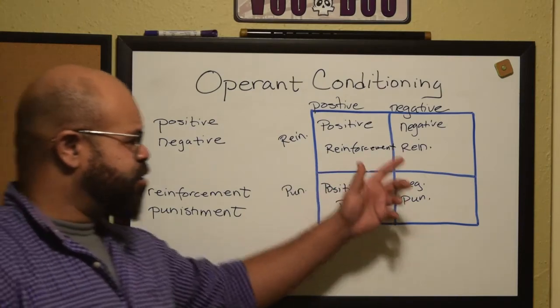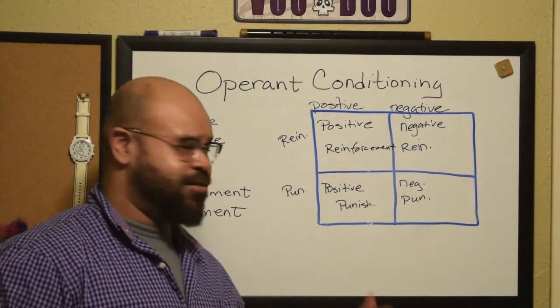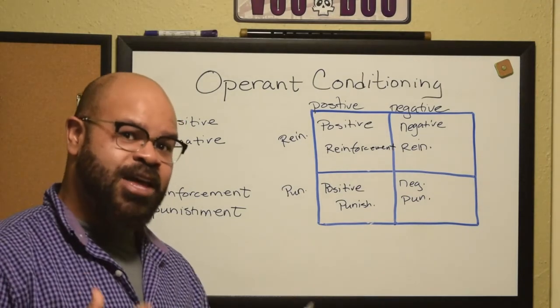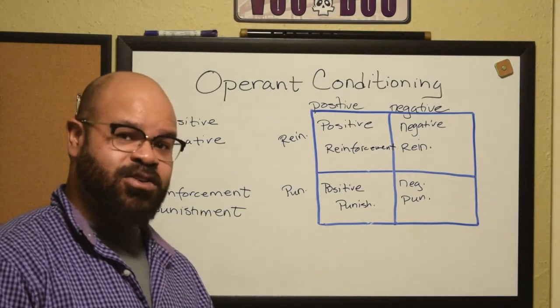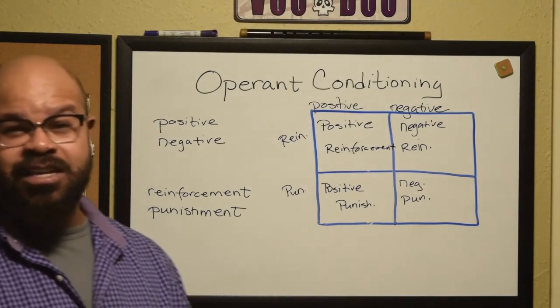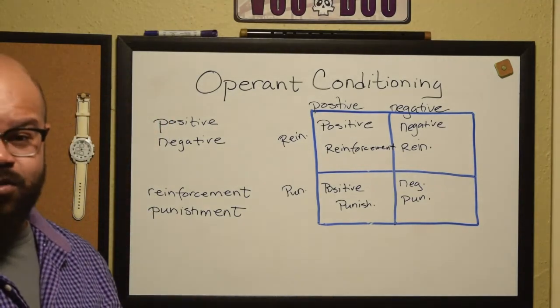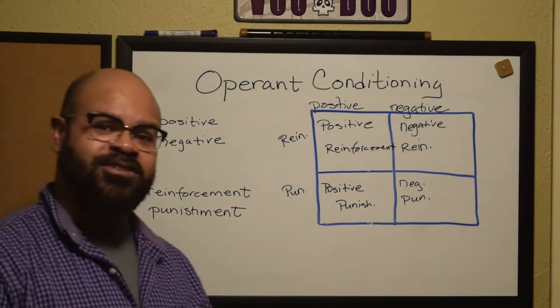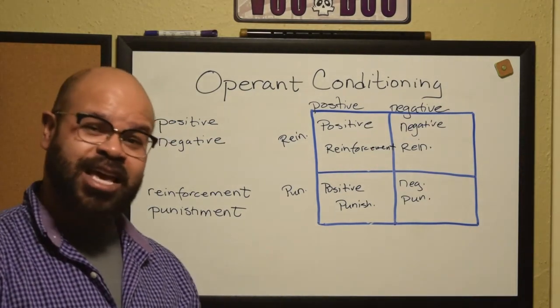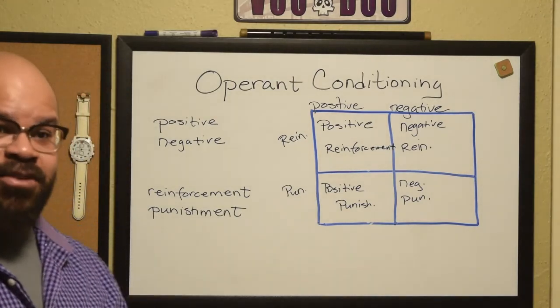So negative punishment, much like negative reinforcement, you have to think about what you're going to take away in order for that behavior to either increase or decrease. In the case of reinforcement, it's got to be something that you didn't want to have anyway, so taking it away is a good thing. In the case of negative punishment, it's got to be something that you did want, so taking it away is a bad thing.